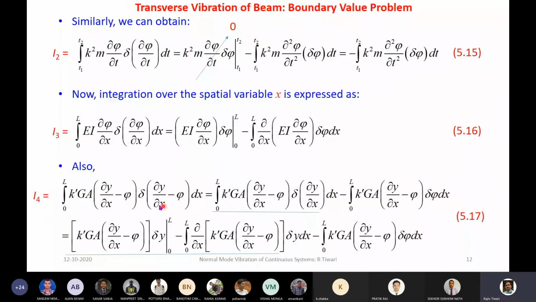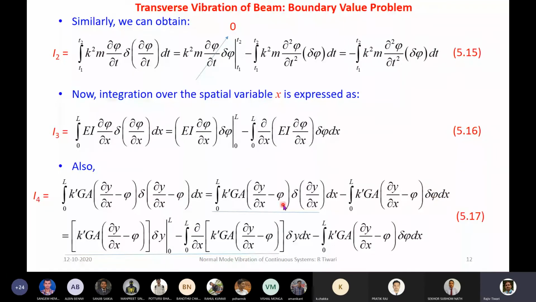So when I'm bringing in the variation, this is the first term, dy by dx, variation of this, and then minus the variation of the delta phi. So basically I'm opening this particular bracket. This I'm keeping as it is, but I'm opening the bracket of the variation term. So variation of this minus variation of that will come.